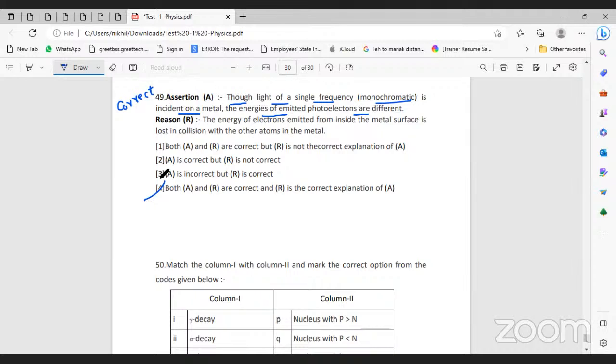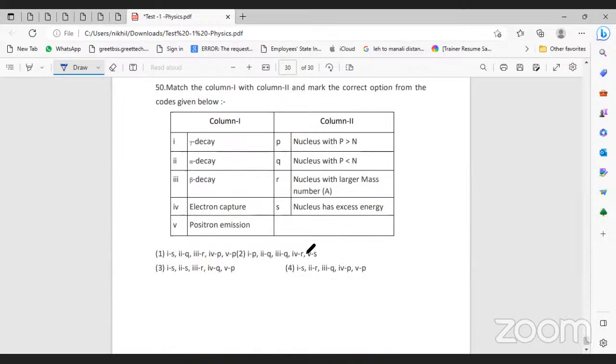Yes, students. Let us take the last problem. It is based on match the following. You just have to match the concepts here. Gamma decay: what does it have? Gamma decay will occur in heavy nuclei, right? Gamma radiation is very dangerous.